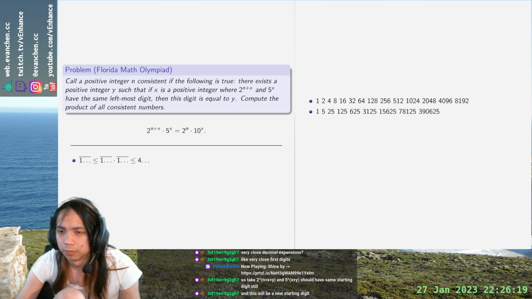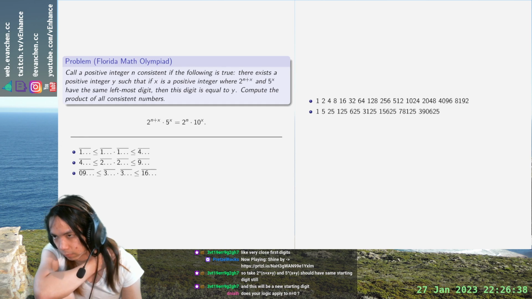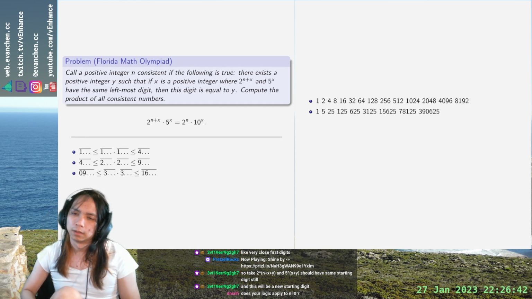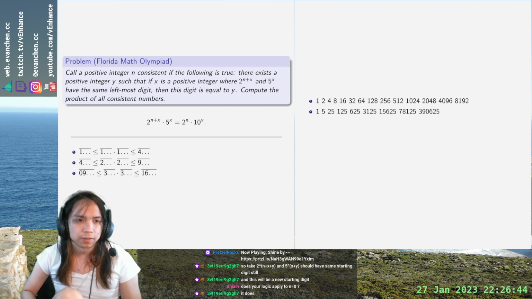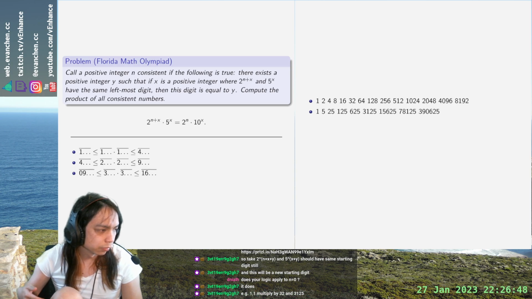So if I have like 2 and 2, the first is... statements of this shape are true.